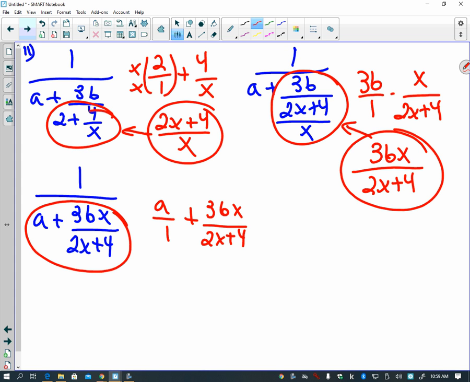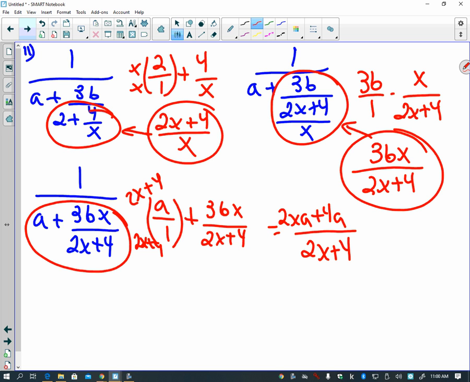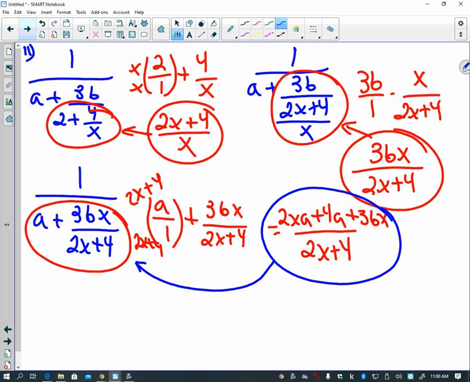What is my common denominator? 2x plus 4 over 2x plus 4. So with the common denominator of 2x plus 4, I still have to distribute this 2x plus 4 to the a. So I'm getting 2xa plus 4a plus 3bx, which is substituted in there.